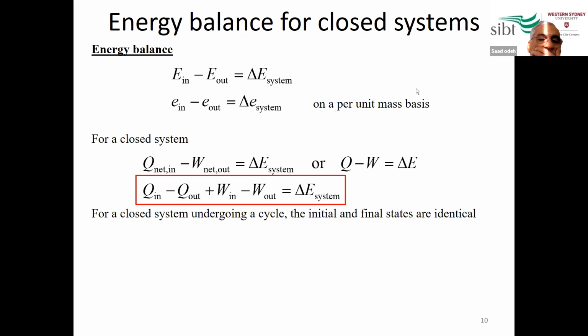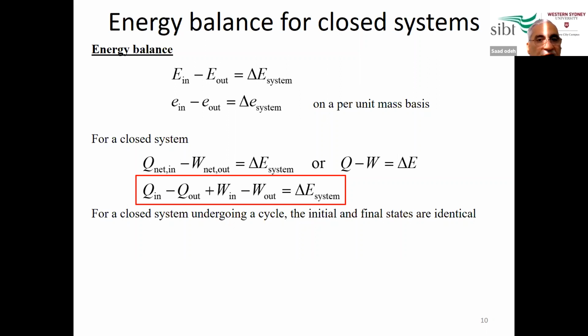Now we know how to find the work for a closed system. If I want to apply this to an energy balance, because now I know the work and I know the Q, I can apply the energy balance for a closed system.